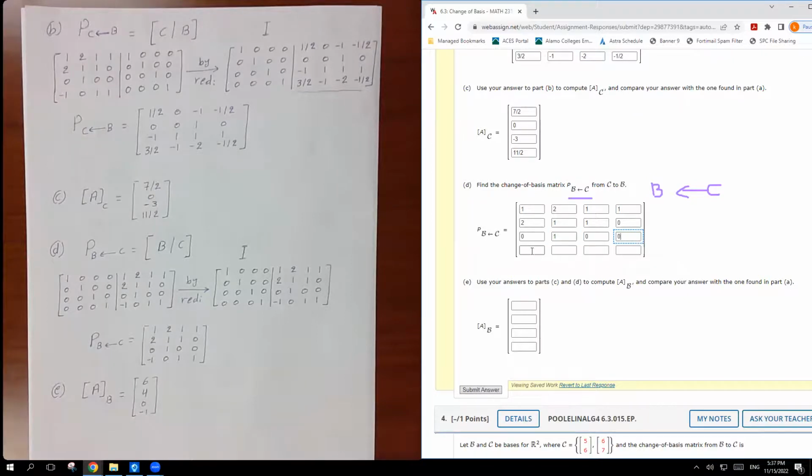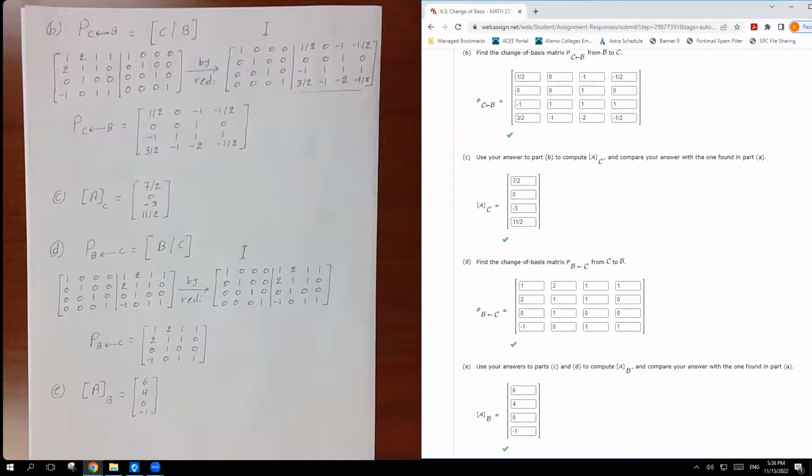And the last one is going to be -1, 0, 1, and 1. And the coordinate vector A with respect to the base B, we already found this one, which is 6, 4, 0, -1. That's it for this example.